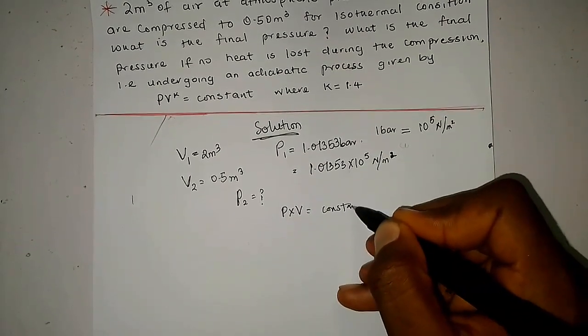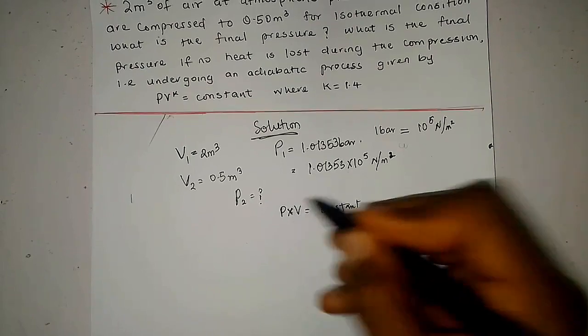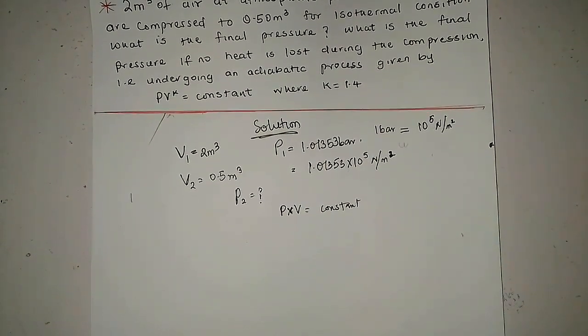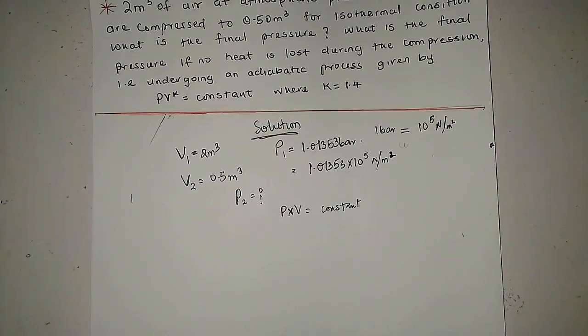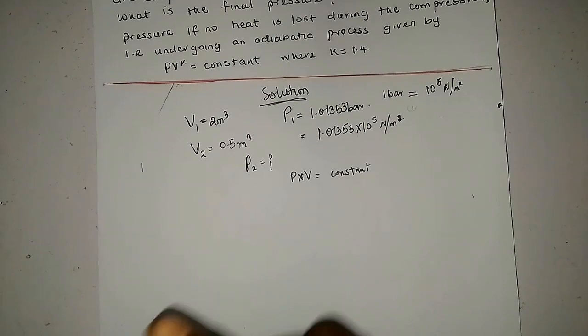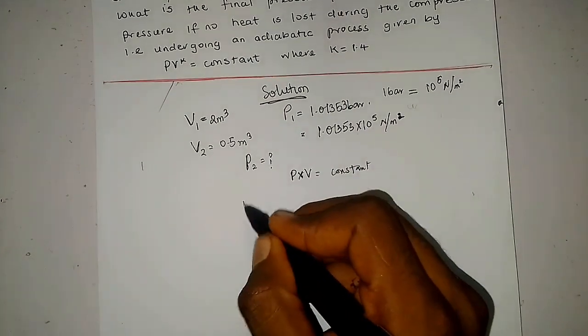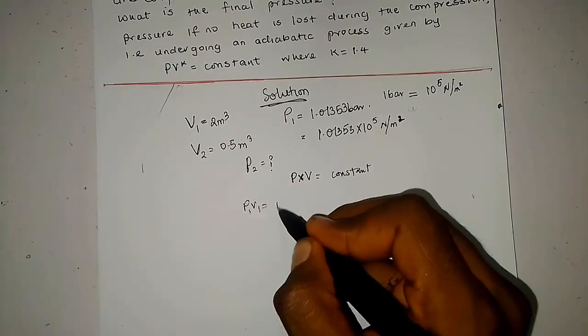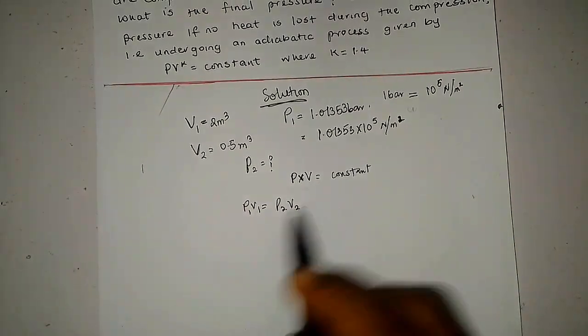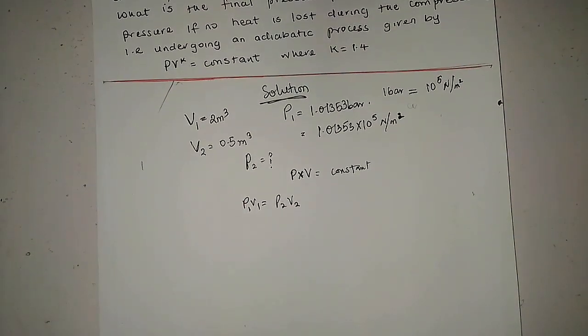This is basically Boyle's law in chemistry, but this is an isothermal process in thermodynamics. Since PV is equal to constant, that is my isothermal condition, we'll have P1 V1 equals P2 V2. Given this particular formula, we're going to be applying it to solve.